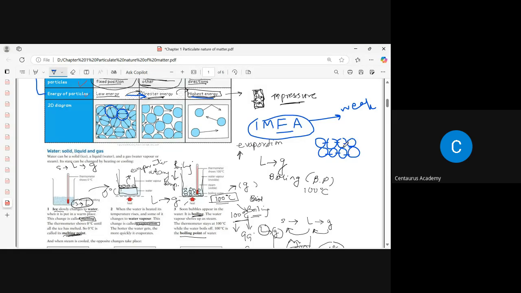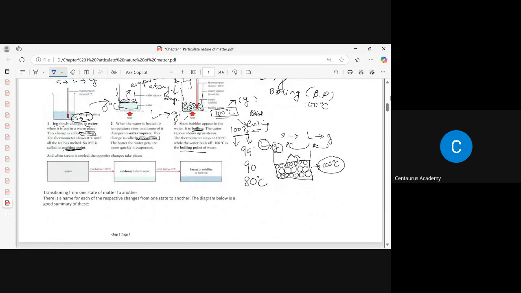Now, when you provide heat energy or thermal energy, they absorb that heat energy, hence overcoming and weakening these forces of attraction, and as a result they gain kinetic energy and start to move apart. When they start to move apart, their forces of attraction get weak and the change of state takes place.